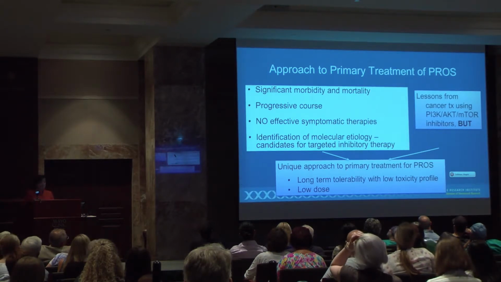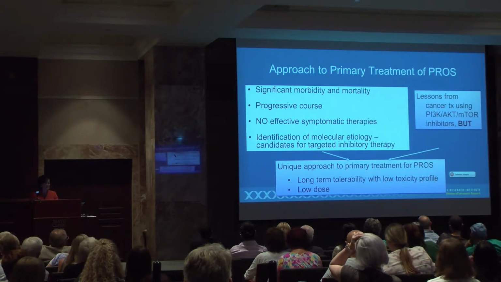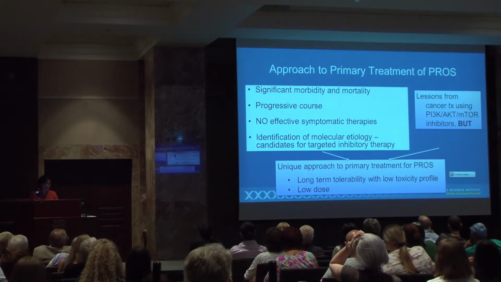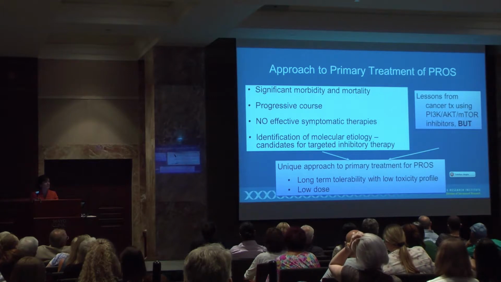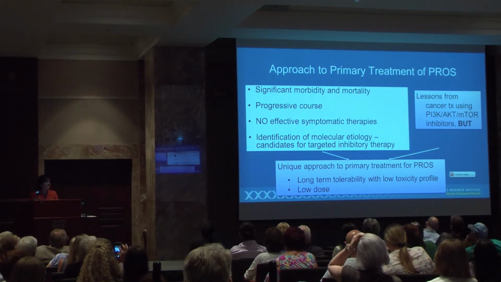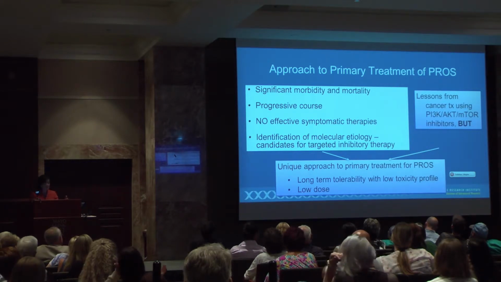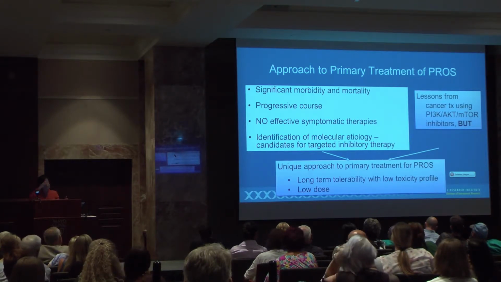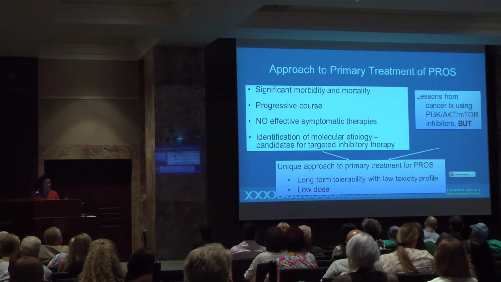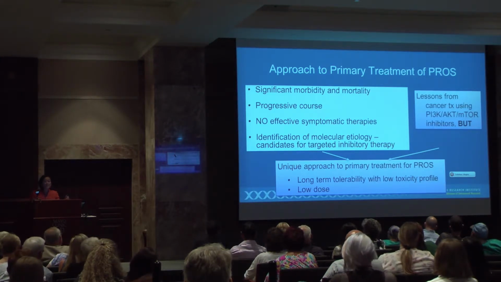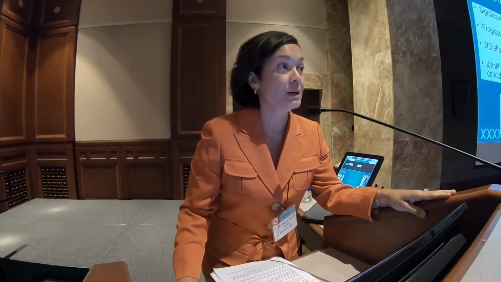So we believe that, and I'm sure many others too, as we'll hear in Dr. Cannell's presentation, that targeted treatment is the way to go for these diseases. They have significant morbidity, risk of medical complications, hospitalization, surgeries, and even death if you have thrombosis. Progressive course, no curative or symptomatic therapies, and with the identification of a molecular etiology, it makes them great candidates for inhibitory therapy.